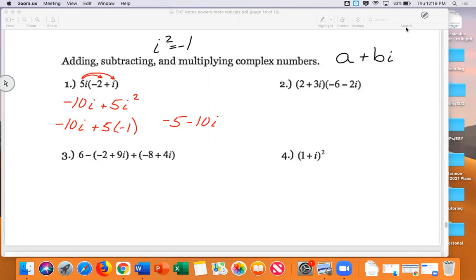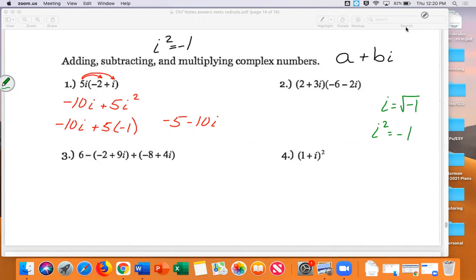You okay with that? Now the question becomes, well, what if I had i to a higher power? What if instead of i squared, I had i cubed? I would just think about this one. i equals the square root of negative 1. i squared equals negative 1.